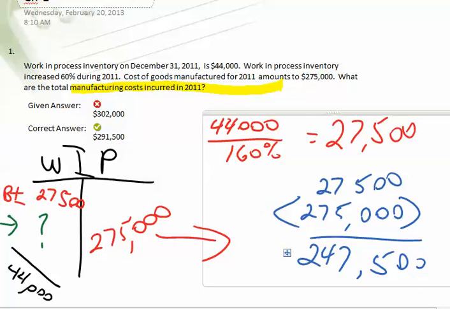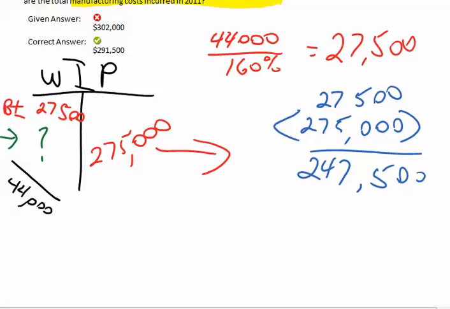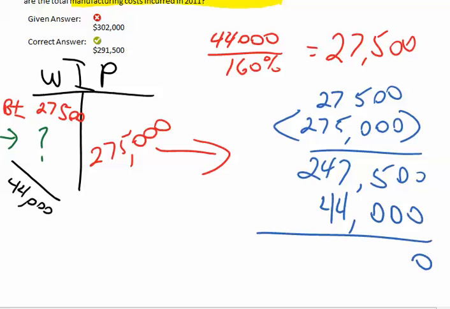So I'm going to slide that down. I have to add 44,000 to this number, and it looks like it should be 291,500 is how much we had to add.